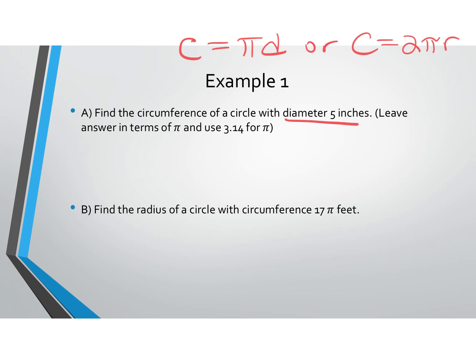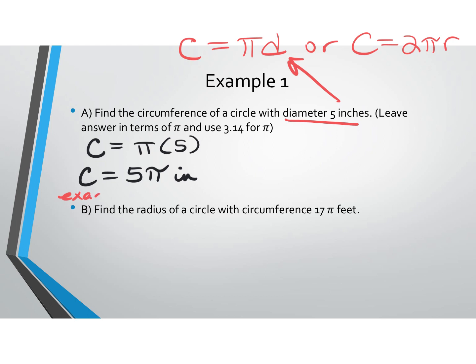They gave me a diameter, so I'm going to use this formula. And left in terms of pi, all I'm going to do is circumference is equal to pi times 5. You could leave it like that, and these are inches. This is exact, so this is leaving it exact, or in terms of pi.